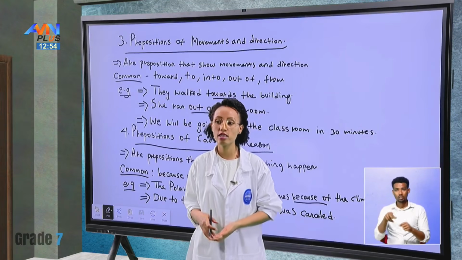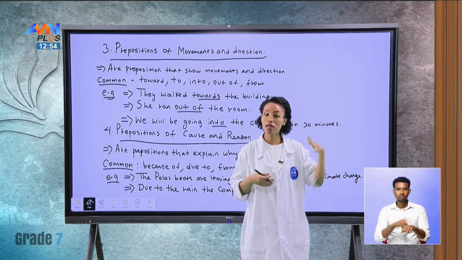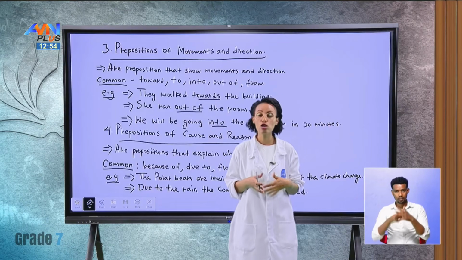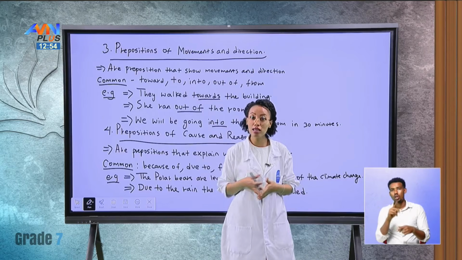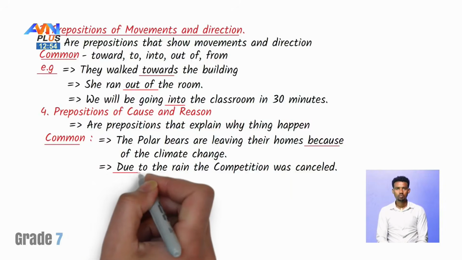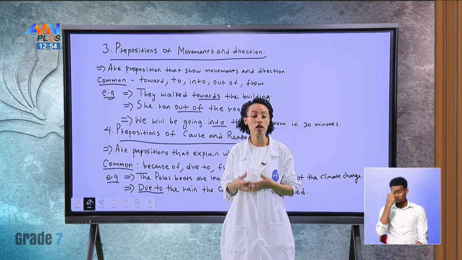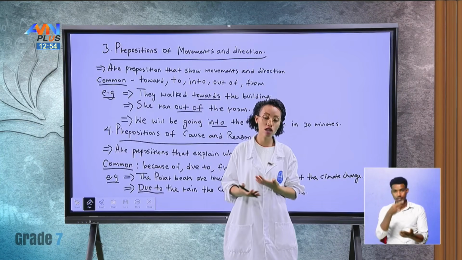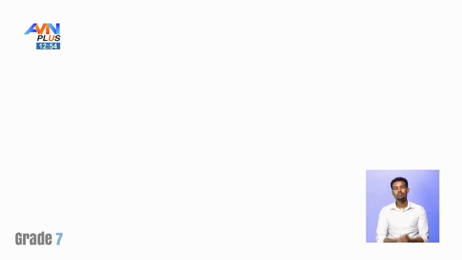Let's say there is a certain competition going on at the moment, but rain started pouring. So if that is the case, what happens? We canceled the competition. So due to, again, is our preposition. Because of this, we are giving cause and reason why that certain competition is not happening.